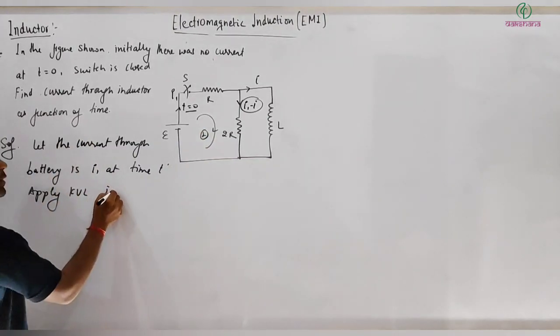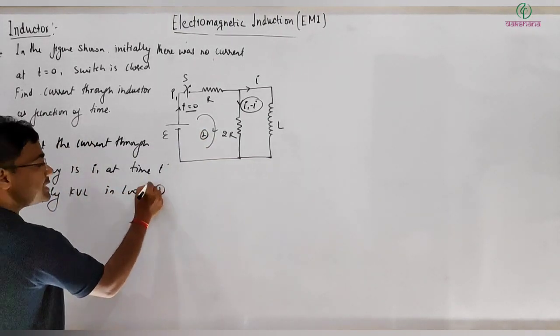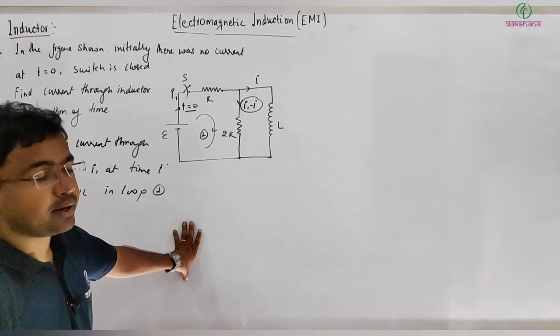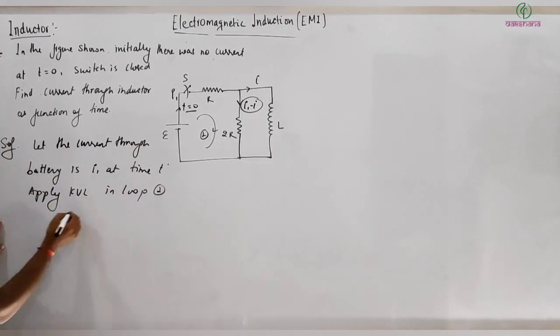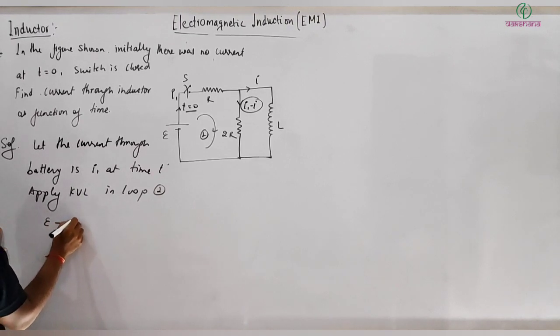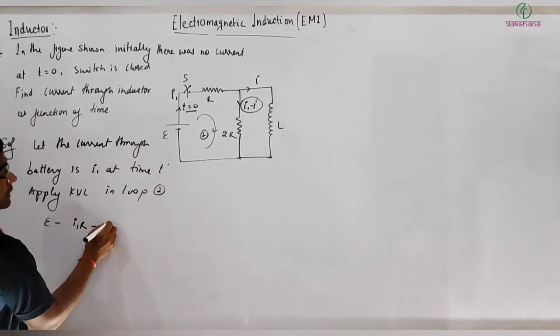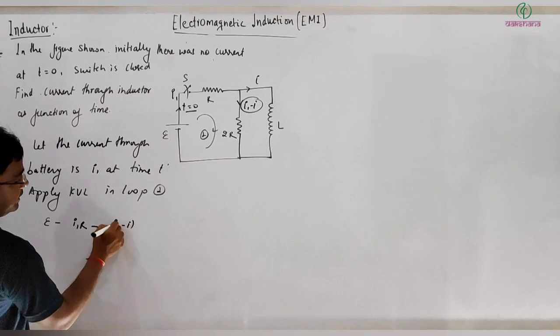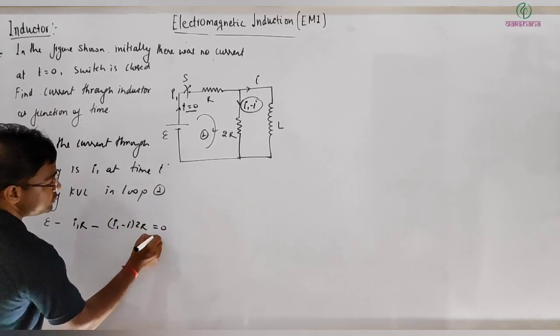So in loop 1, just listen carefully. From here I can write E minus I1 into R minus (I1 minus I) multiplied by 2R equal to 0.